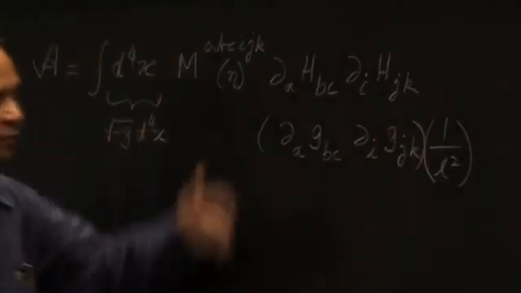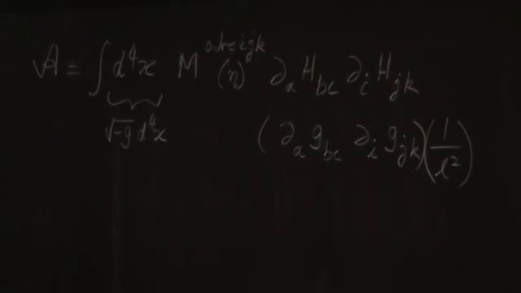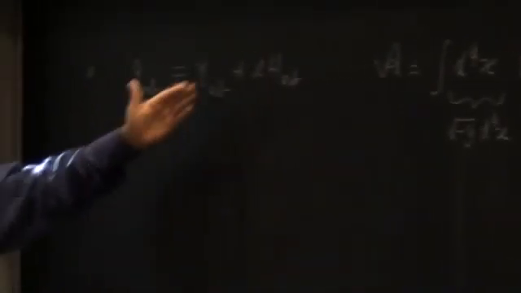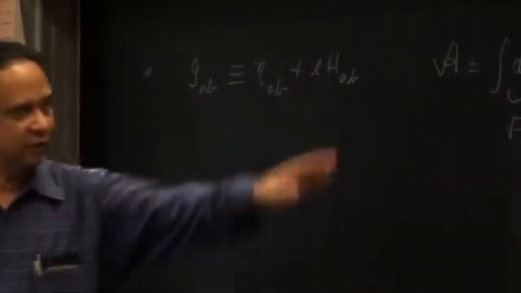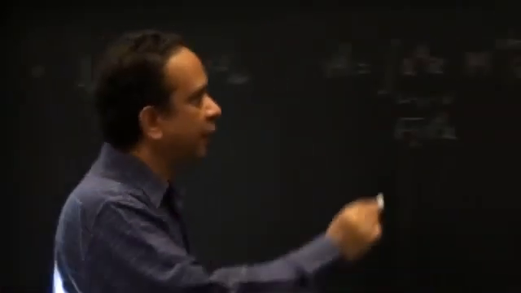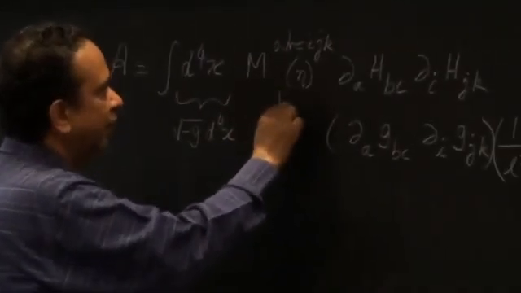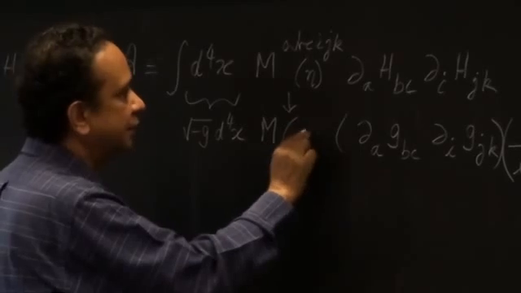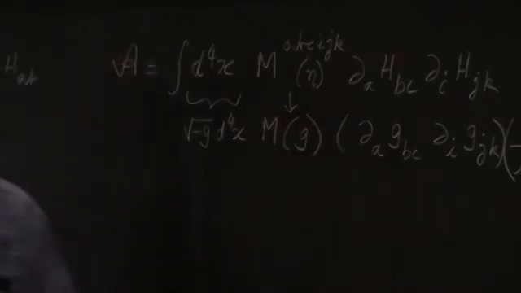Again, no one should object to that, because I can just think of it as my definition. I can define a quantity g_ab(x) as eta_ab plus this quantity. Therefore, this is fine. The really objectionable thing I am going to do is to take this, and wherever I see eta in M, I am going to replace it by g. I have no justification for that, I just want to do it.